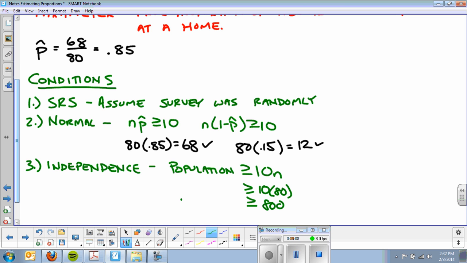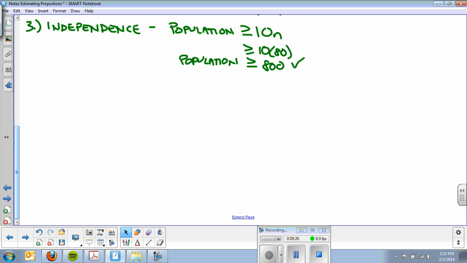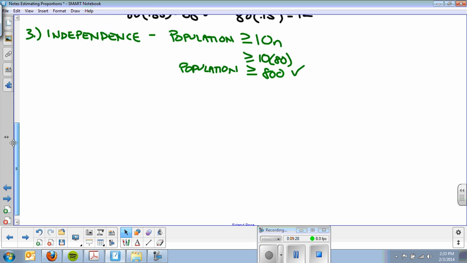And I'm going to have to assume that there are more adults in the United States than 800. So that's definitely met. Again, the conditions, you've got to check them. It's annoying, but you really can't do any of the calculations unless these conditions are met. So now we do the fun part. And by fun part, I mean calculations.